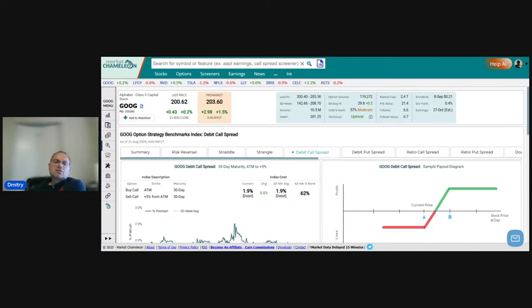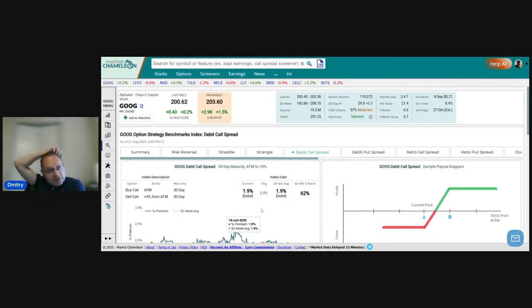And how do we make it in relative terms? So we take that premium by observing the options, doing that same weighted average formula. We'll calculate the premium, compare that to the stock price, and say the cost of it is 1.9% of the stock price.